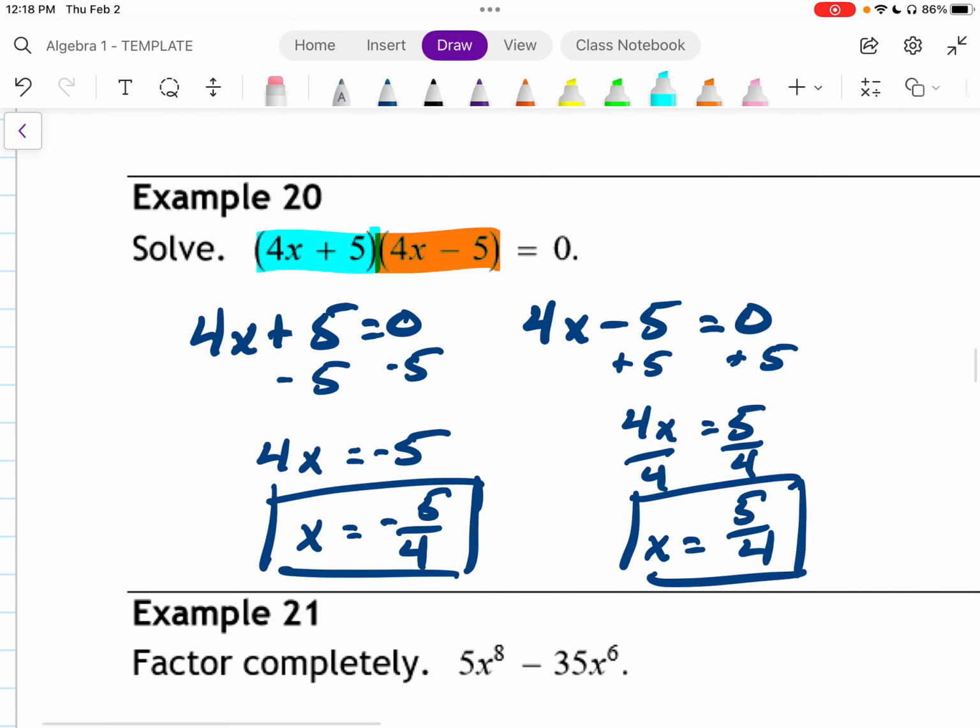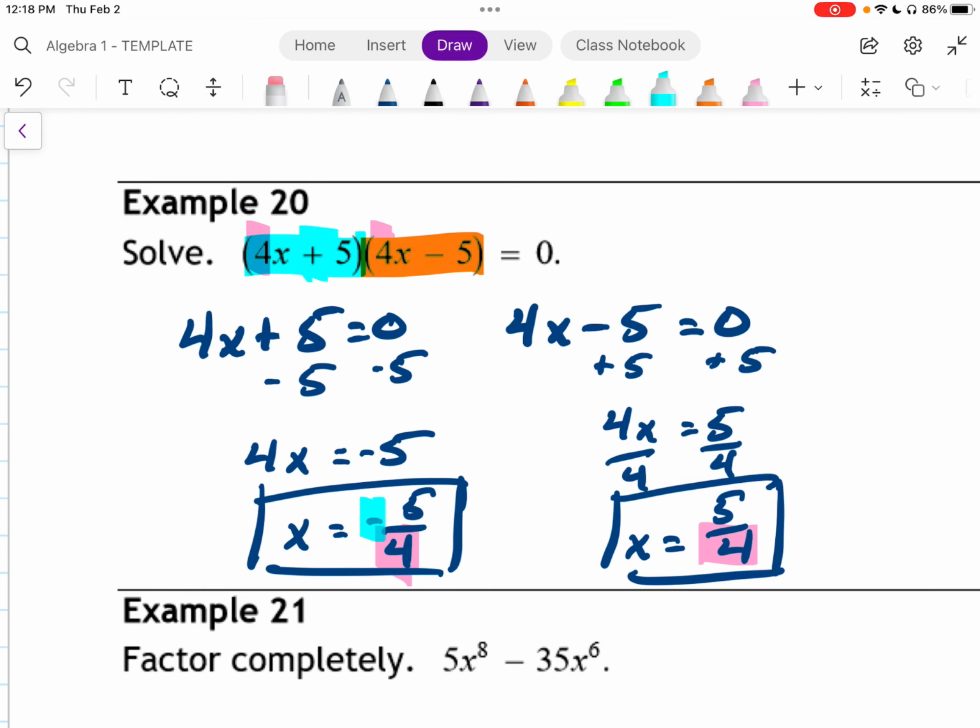Down here, we have something sitting in front of our x, right? We have a coefficient on our x term. On both of these, the 4s, they're the denominators. That's something good to recognize. And then for the blue one, we have a plus, and it gave us a minus. On the orange one, there's a minus, and it gave us a positive at the end. Okay, those are good things to recognize.